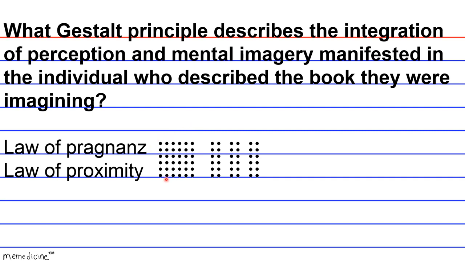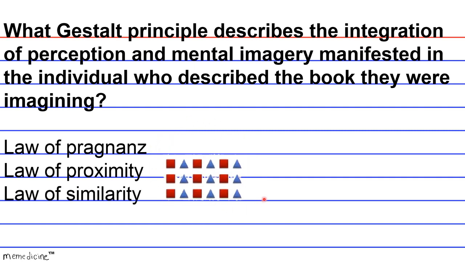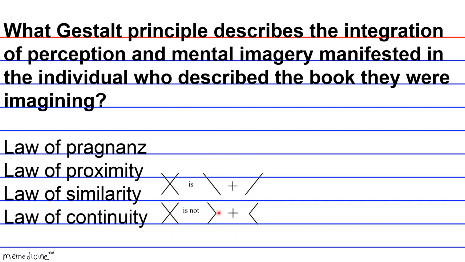Is it B, the law of proximity? Is it C, the law of similarity? Or is it D, the law of continuity? So definitely press pause if you need time to think about this one. This is a standalone question. You don't need the passage to answer this.